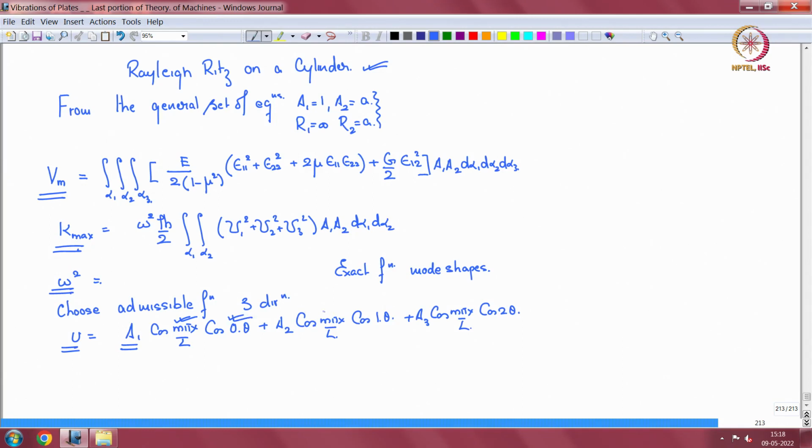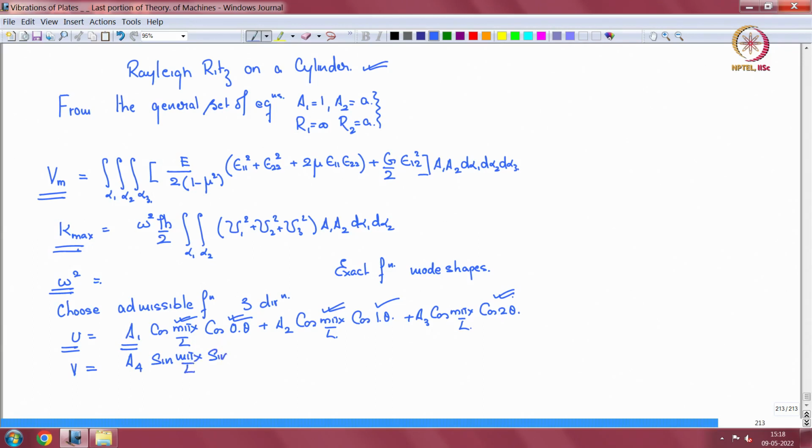Then A2 cos m pi x by L cos 1 theta, and A3 cos m pi x by L cos 2 theta. I have chosen till 2 in the theta direction.